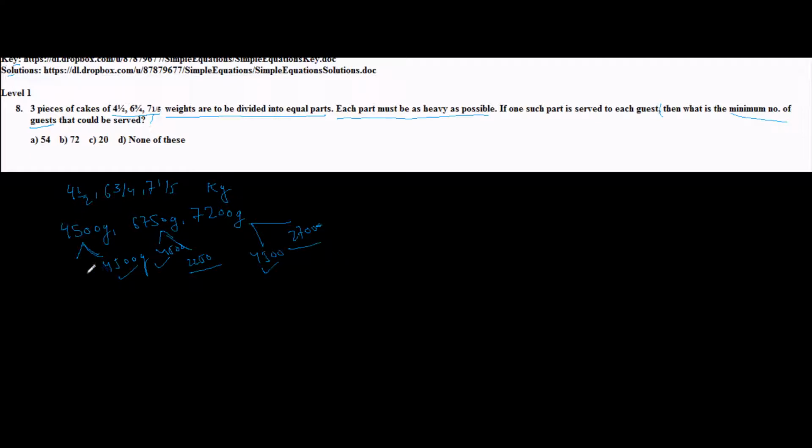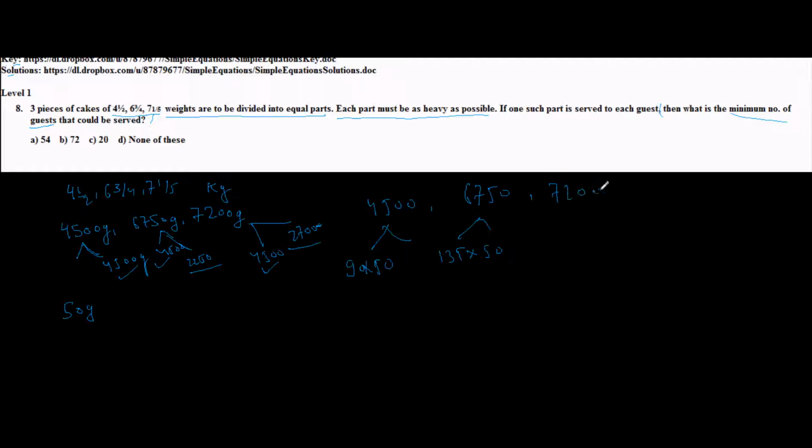So basically, let me consider something else, say 50 grams. If I divide them into parts of 50 grams, 4500 will give me 90 parts of 50 grams. 6750 will give me 135 parts of 50 grams.